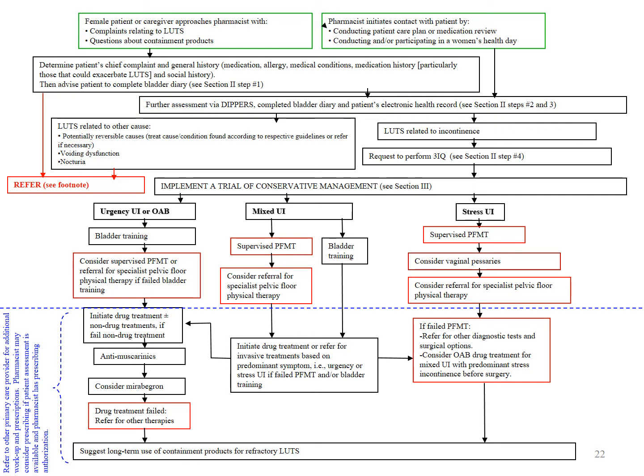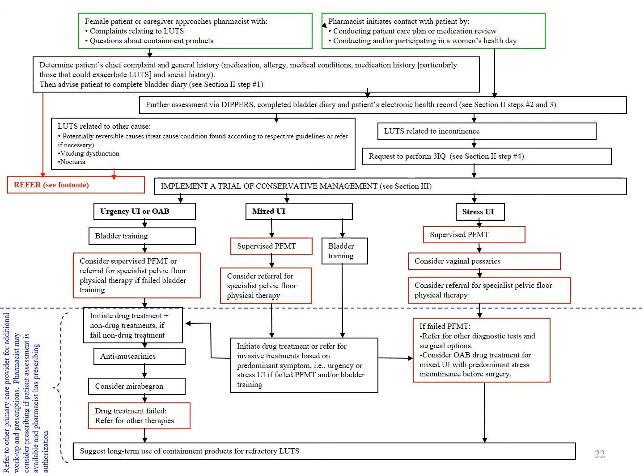This very busy diagram is a summary of a guideline. This was compiled by a pharmacy student I had worked with on a research project, and also a team of experts in lower urinary tract symptoms. And this is a guide for pharmacists to consider.